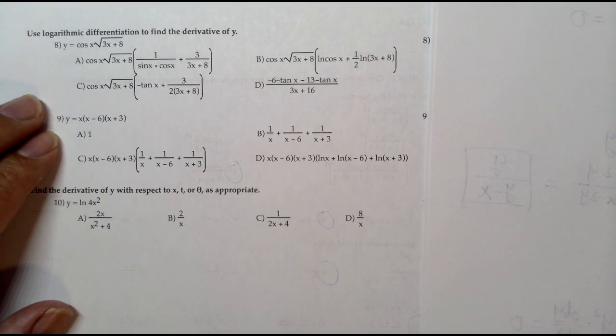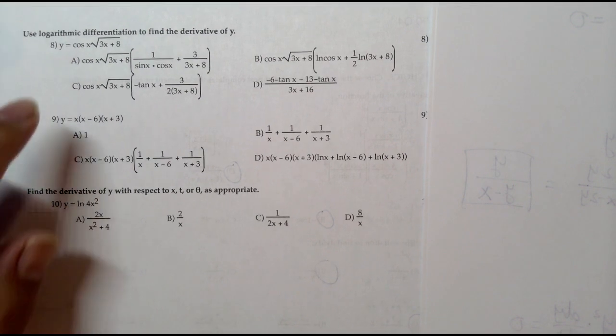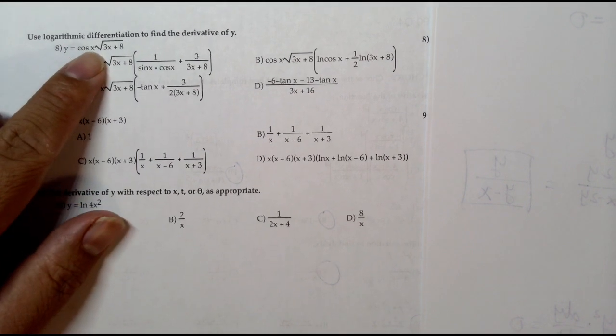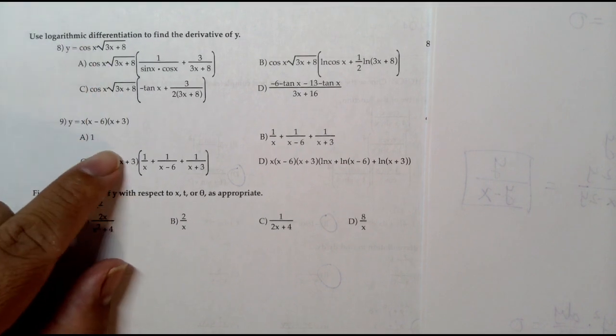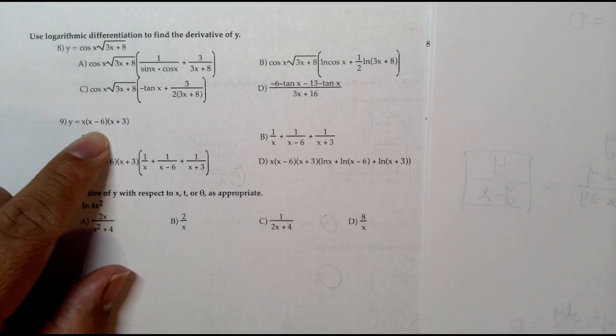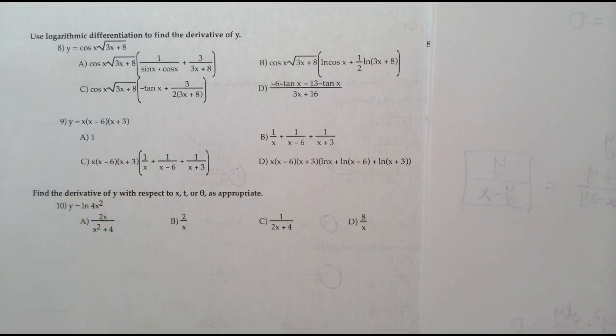The thing is, even if we don't use the logarithmic, you can see for number 8, we can apply the product rule first and then take the derivative, right? Same logic. For number 9, we can also distribute it and then just take the derivative. But now let's see how we can apply the logarithmic differentiation to figure it out, because it's a different approach.